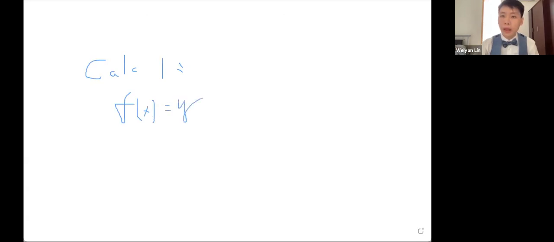All right, and what does it look like geometrically or in the graph? It's something like this. All right, let's say this is our function f(x) equals y.